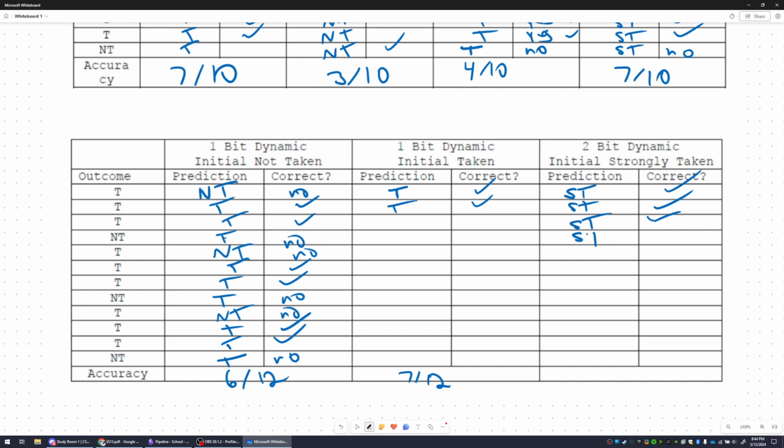Predict this, and then it's no. So change it to weakly taken. Is it accurate? Yes. Change it to strongly taken. Yes. Keep it. This one is strongly taken, but it's no. So change it to weakly taken, but it's accurate. So switch it back. Strongly taken. Yes. And then this will be a no. So the accuracy for this is 9 out of 12.